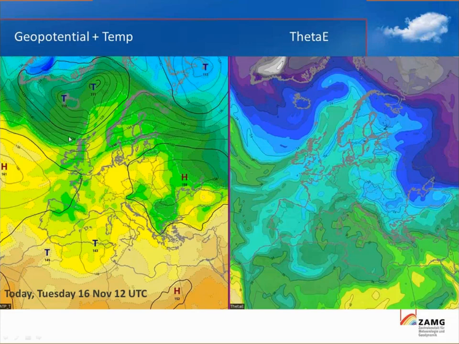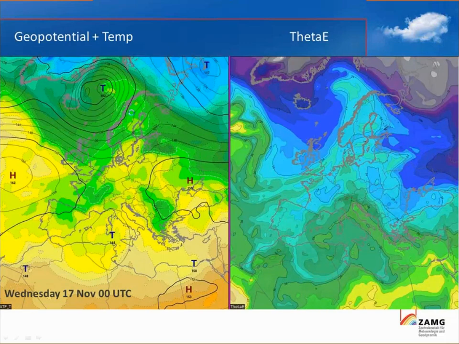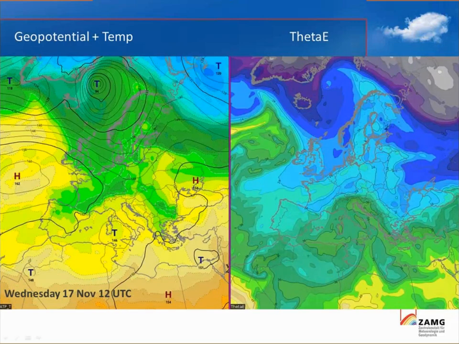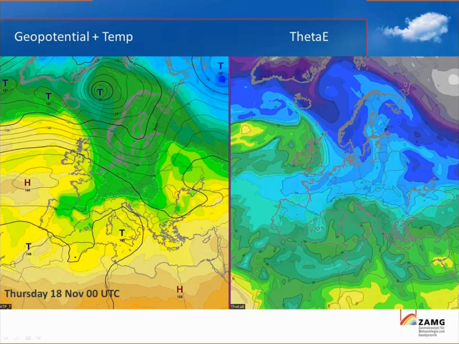Here we have a well-pronounced low pressure system approaching Scandinavia, and this will move on to the east and probably also affect mid-Europe regions, and hopefully will bring the chance to at least change a little bit, maybe on Thursday, to break up this cold layer on the ground and bring us the chance of a few sunny spells.